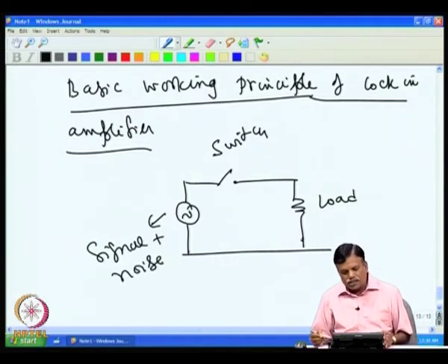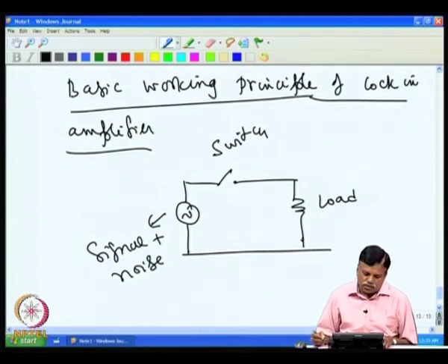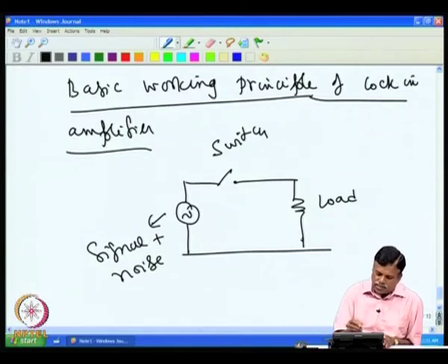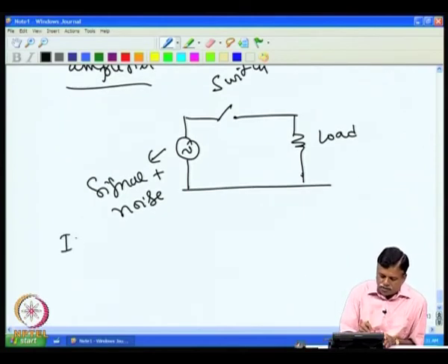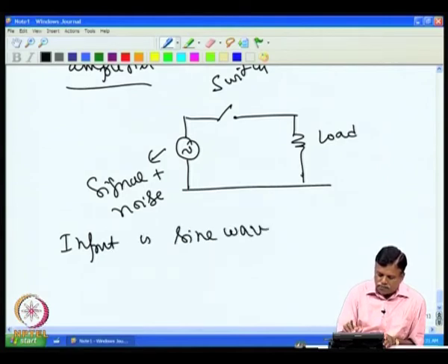Now we want to extract only the signal and we want to get away from the noise. Take this example. Assume that it is a sine wave source. So I will take the input as a sine wave with the noise.